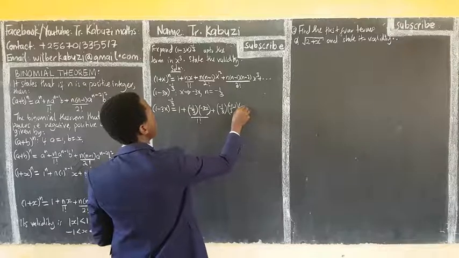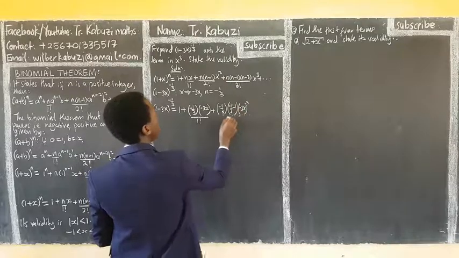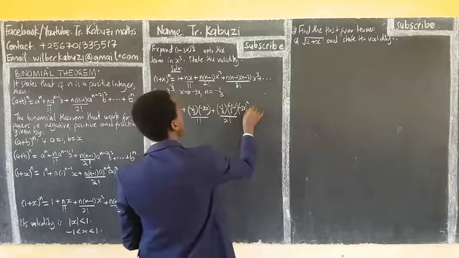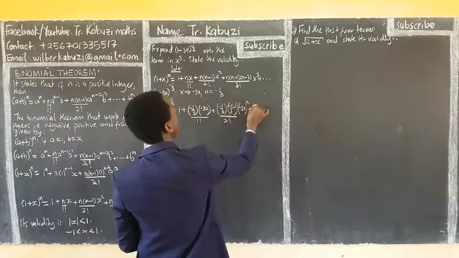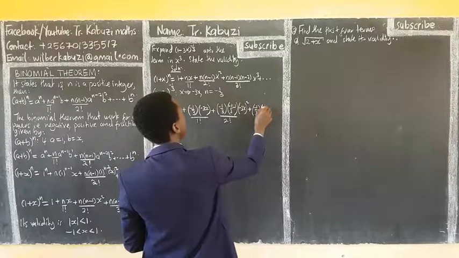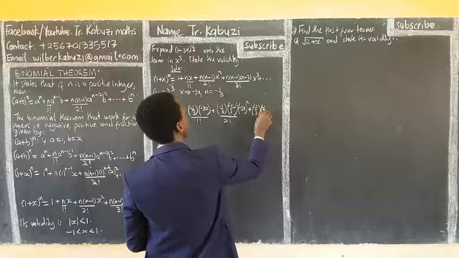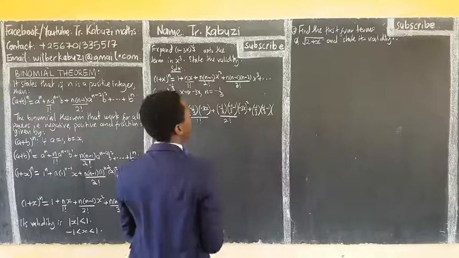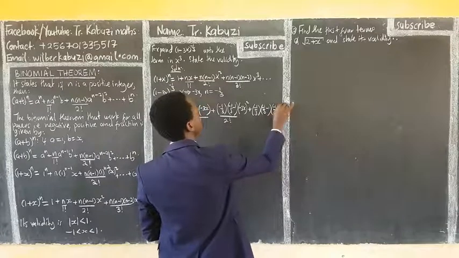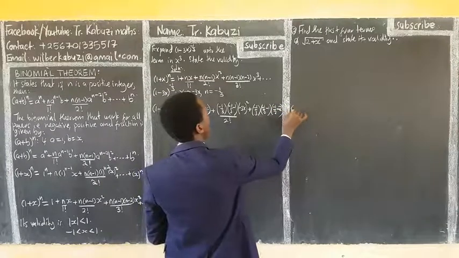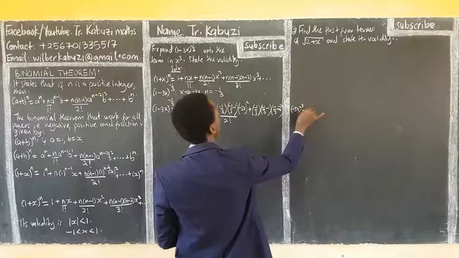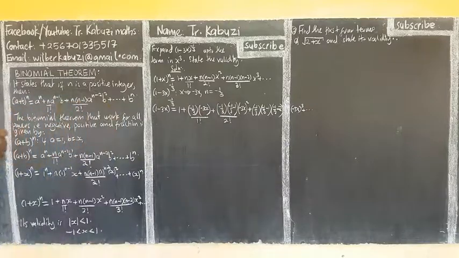Then we get negative 3, the whole squared, over 2 factorial. Now plus my n, which is negative one third. Then the n minus 1, negative 1 over 3 minus 1. Then the n minus 2 is negative one third minus 2. Then in brackets, I have negative 3x, the whole cubed, plus other terms coming.